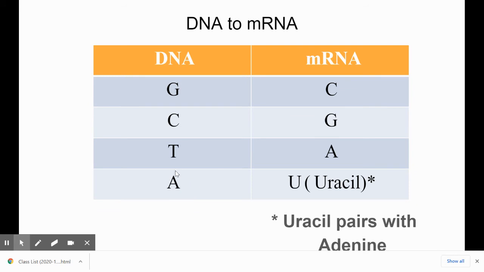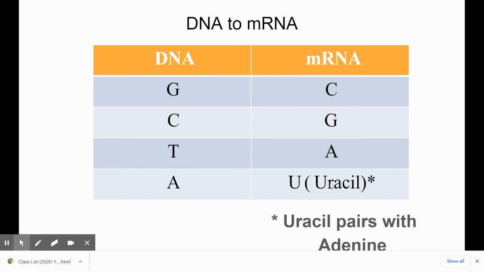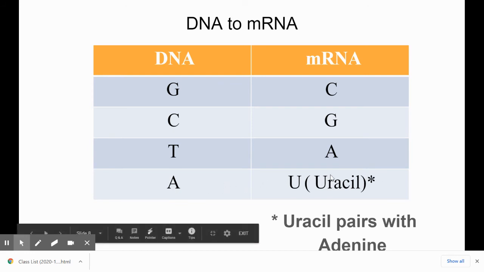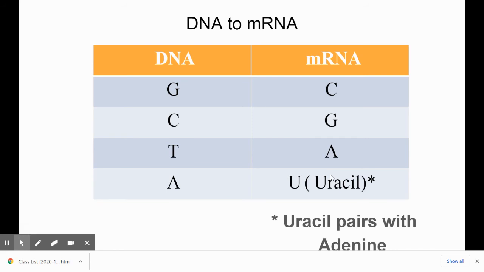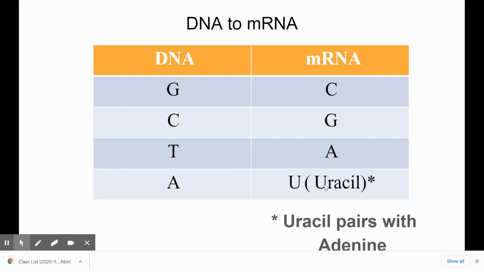If DNA has an A, you are not going to write T, because there is no thymine in mRNA. Instead, it is a base called uracil. So anytime there's an A in DNA, you write a U for your mRNA. This is how we take DNA and transcribe it into mRNA.